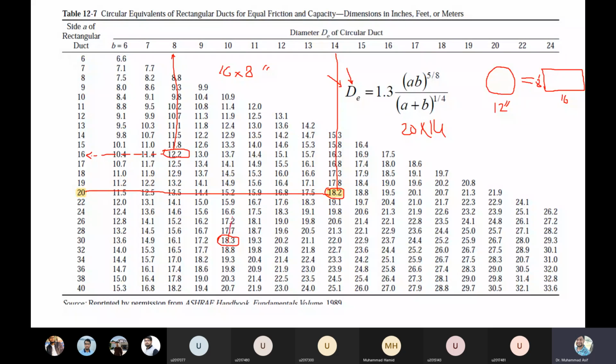If you use this combination, you are going to use 30 by 10 inch. So depending upon the available space, according to the height and width, and similarly, sometimes you have more width but less height, so you can choose this combination. So this is an equivalent diameter for the rectangular duct.